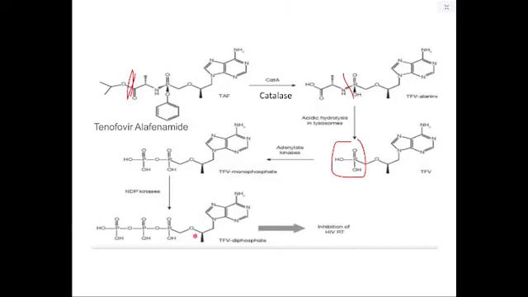So that's tenofovir diphosphate, and it has now been activated. It is the one which blocks the reverse transcriptase enzyme, and also brings about termination of the growth of the nucleic acids.